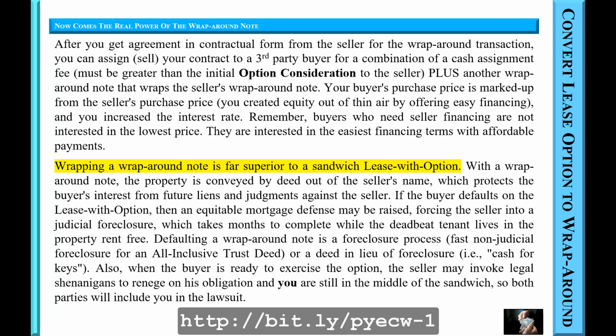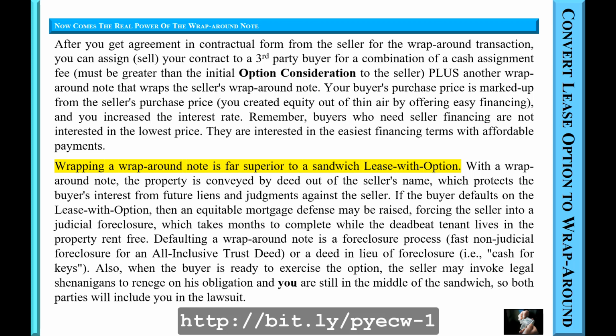Defaulting a wraparound note is a foreclosure process. That is a fast, non-judicial foreclosure for an all-inclusive trust deed. Or you can get a deed in lieu of foreclosure, that is, offering cash for keys.